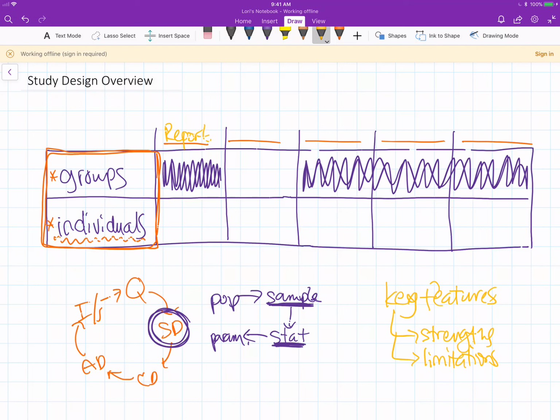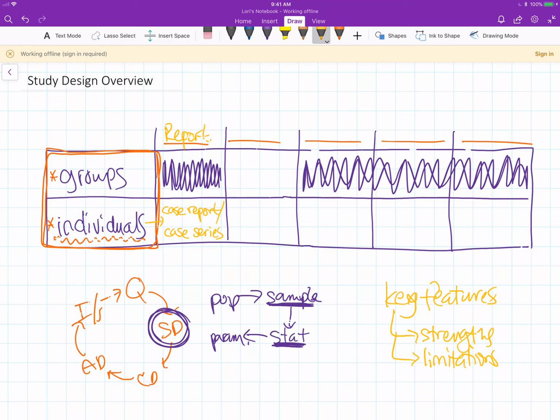And so this report, down here under individuals, is going to be called a case report or a case series. Now, many textbooks do not talk about case reports and case series, but I think it's an important one to include, partly because it's often included in testing scenarios, but you'll see a lot of this in the public health field where somebody says, hey, I saw something interesting.